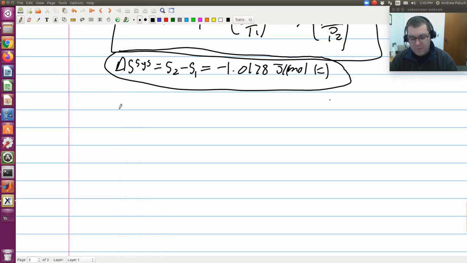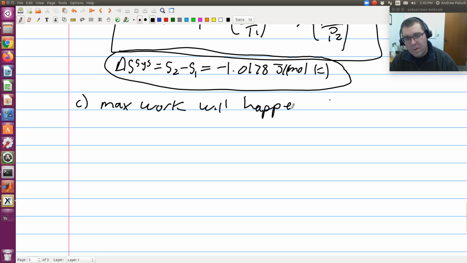The key for C is going to be that my max work will happen when Sgen is equal to 0, when my entropy generation is 0.